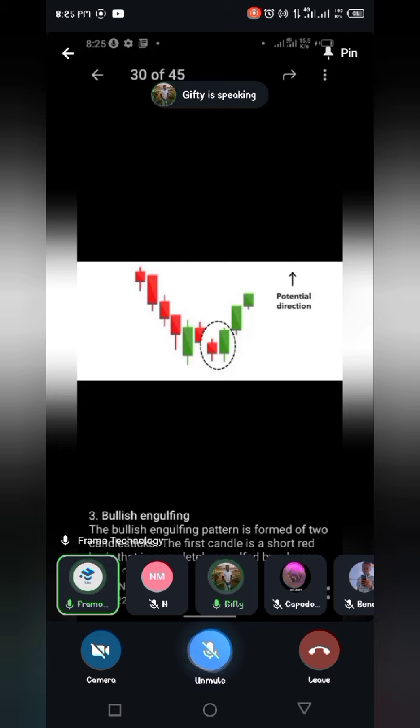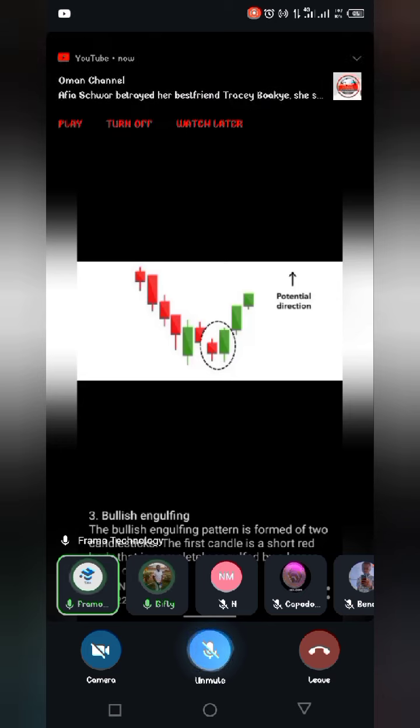Please, when you see this pattern forming, wait for the second candle to completely close above, or engulf it, before you enter. So these are the things that we all combine and use to bring signals to ourselves on the platform. So you should take note of them.